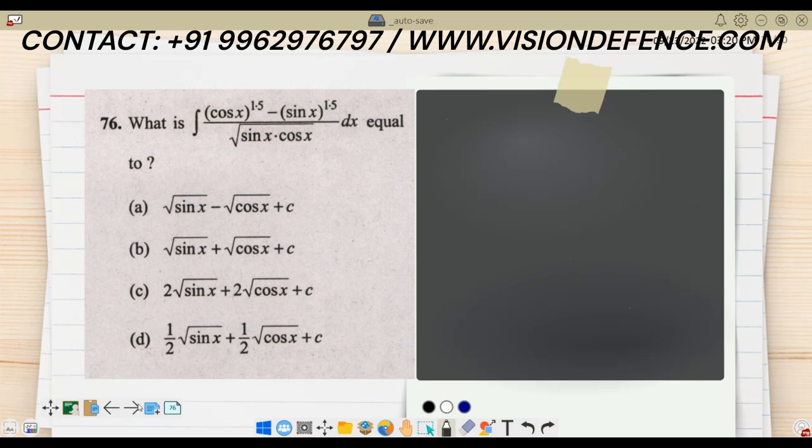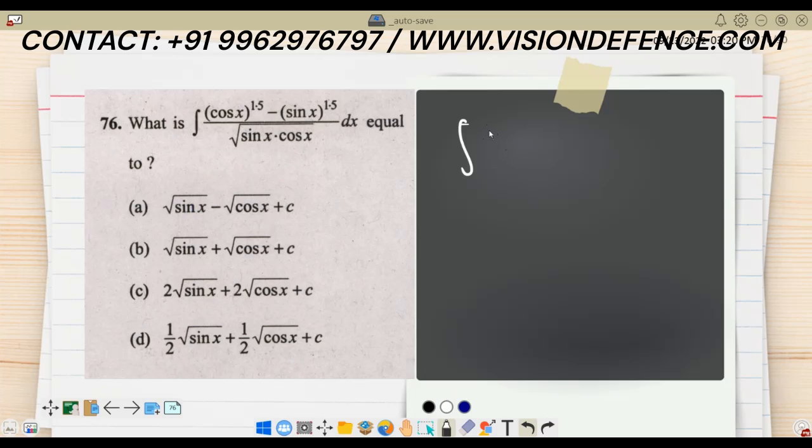So let's move on to the 76th question. In this question, don't think that because there's a 1.5 in the numerator, it is hard to solve. No, it's a very simple problem. Actually, we can split it.